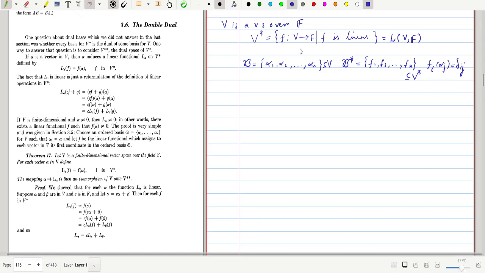Now we will consider the dual space of this V star itself. So what is the dual space of V star? That means V star whole star.